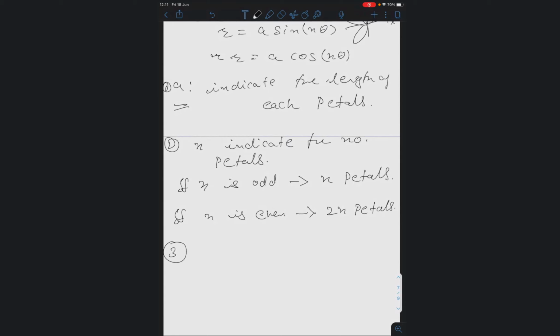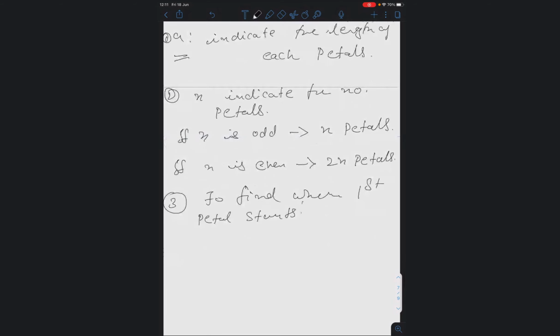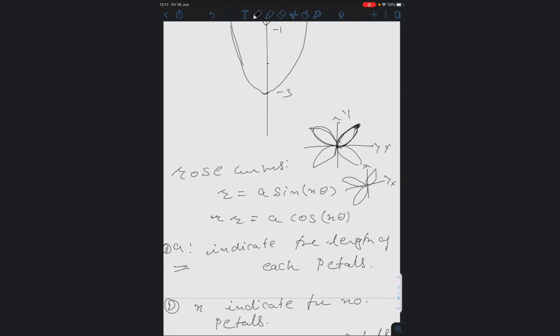Now the next thing is to find where my first petal starts. For this, to check at what angle your first petal starts, you put R is equal to A and solve for theta. Okay, what are the equations here? It is R is equal to A sin n theta or R is equal to A cos n theta.